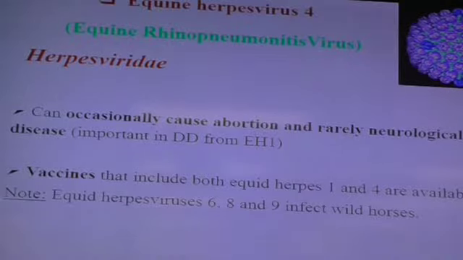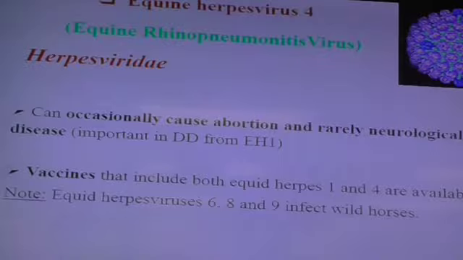In relation to vaccine, there are vaccines which include equid herpes 1 and 4. Because of the similarities of these viruses, it can be given to protect against equine herpes 4.